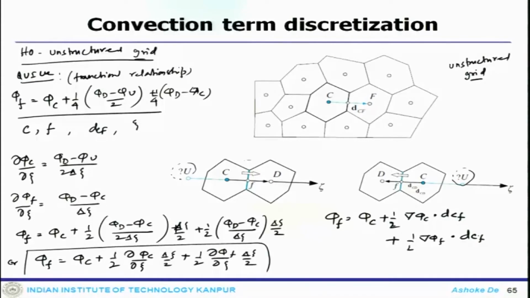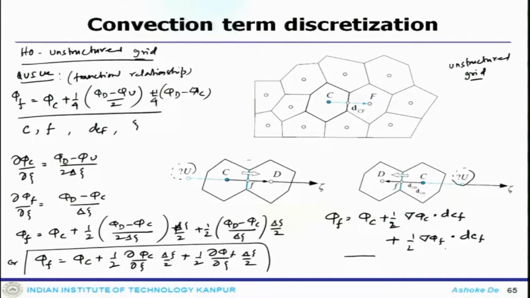This only requires the gradient information at locations C and F. As long as the computation of these gradients is second order, the way to calculate them becomes immaterial, and that gives higher flexibility compared to the original formulation over unstructured grids.